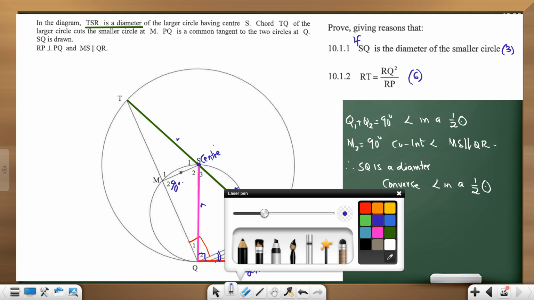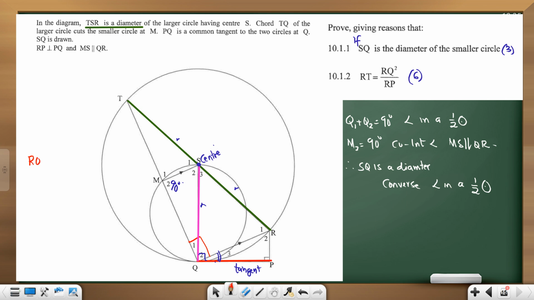Now, the first thing I'm going to do here, I want to work backwards. Could this be possible? For me to get RQ squared, I have to have RQ over RQ. I'm working backwards. And then RP, see if I cross multiply the RP, RT, and RP.